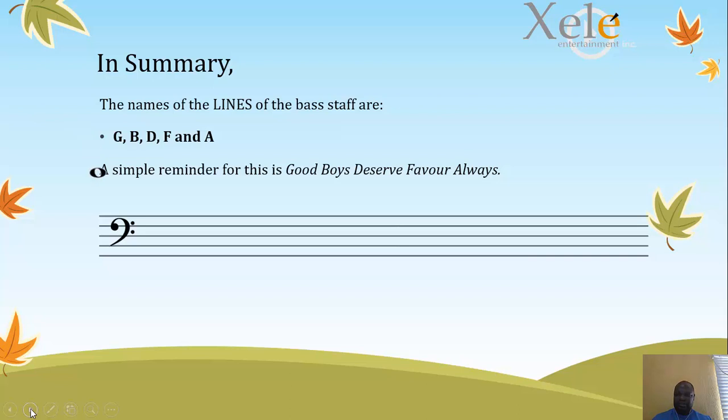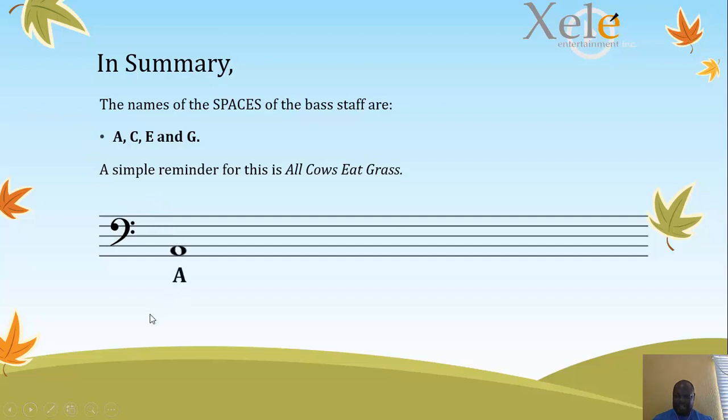Okay, so in summary today we have seen that the lines of the bass staff are G, B, D, F, and A, and a simple reminder for this is good boys deserve favor always. For the spaces we had A, C, E, and G, and a simple reminder for this is all cows eat grass.